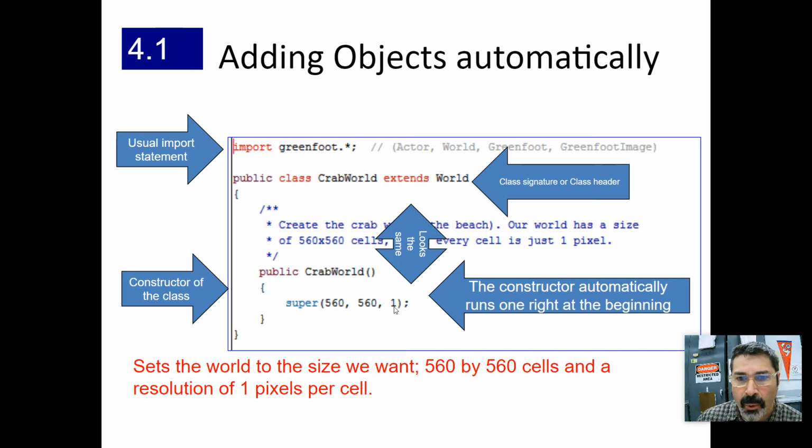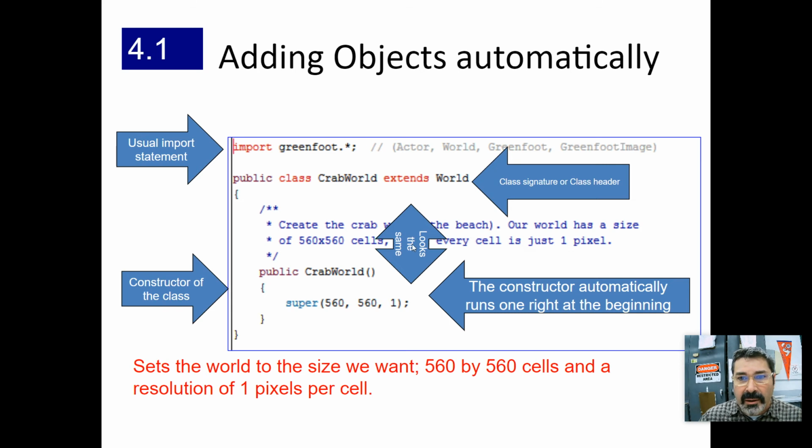When we did the wombat, this was a lot bigger because the cells were big. But in this one, the cells are itty bitty, right? So we have these itty bitty cells, but it's 560 cells by 560. If you change these numbers, you would make the crab world bigger or smaller. So add this in. Okay, so the cell sets the world. We already had that. Okay, good. So this is the constructor of the class.